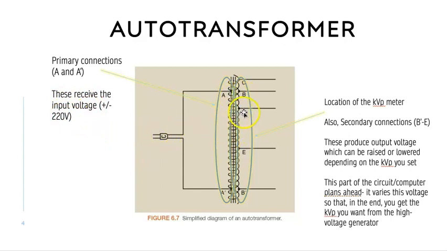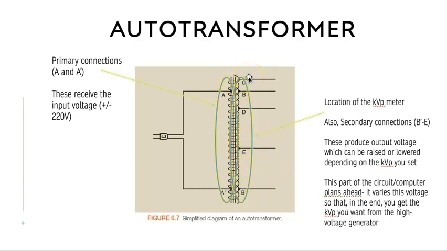On the other side, the output or secondary side, we have different areas of connections. These are called enclosures. So the computer can decide, okay, this RadTech wants this much kVp, so I'm going to use the connections between, let's say, E and C up here.